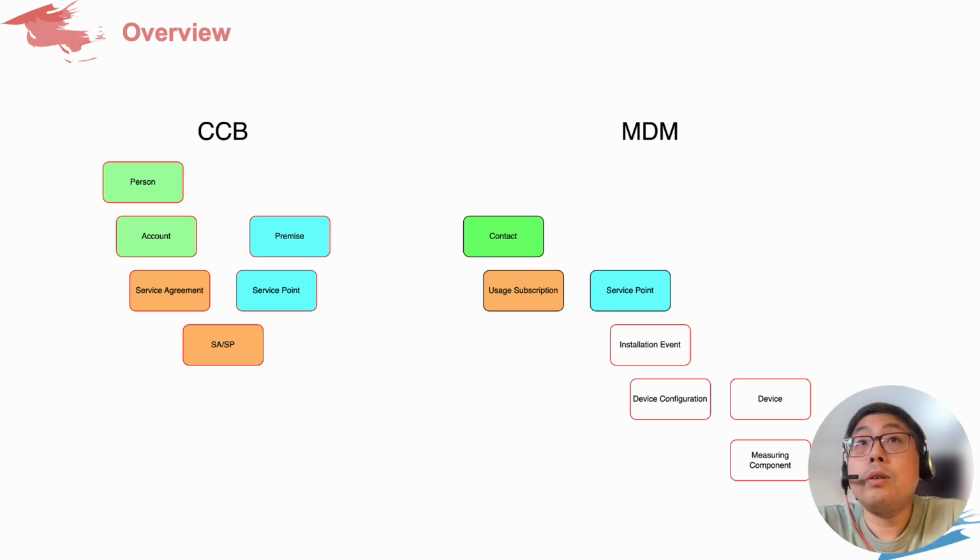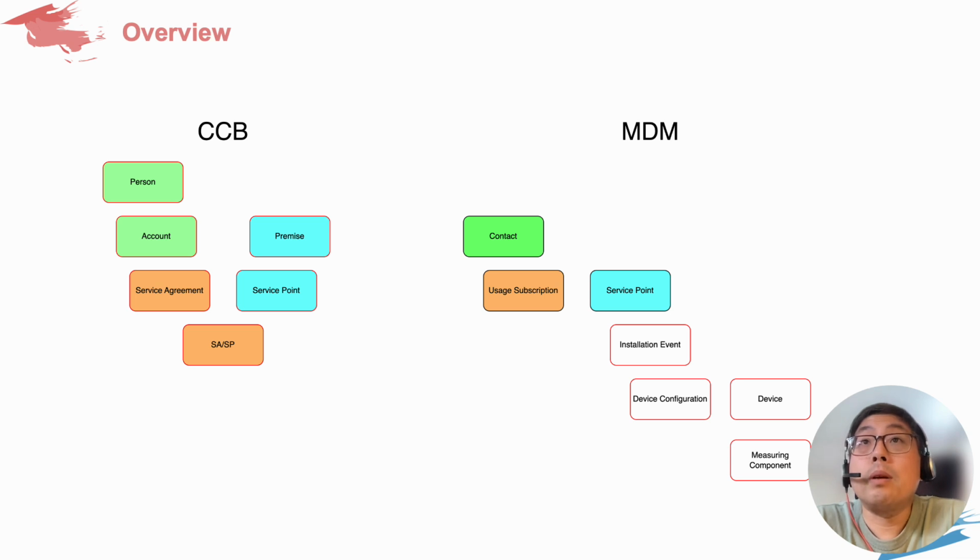We create a usage request normally because the service agreement requires bill determinants based on consumption, and that consumption comes from the meter reads, which is based on a list of objects on the right: device config, device measuring components. All the meter reads sit on measuring components, and that's where we need to send the usage request from CCMB.